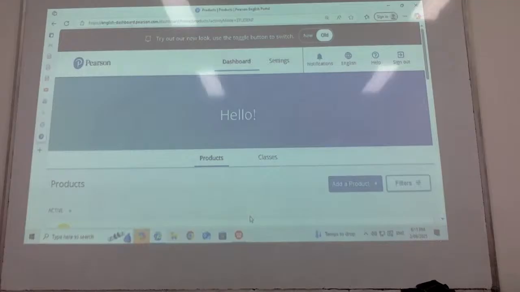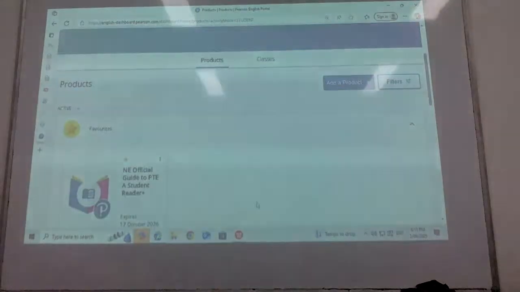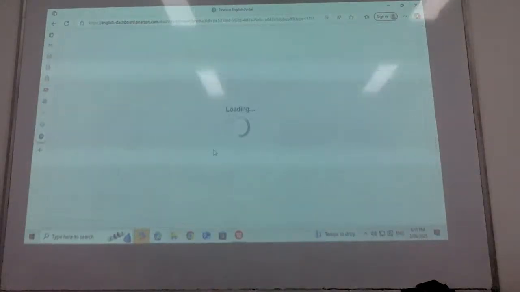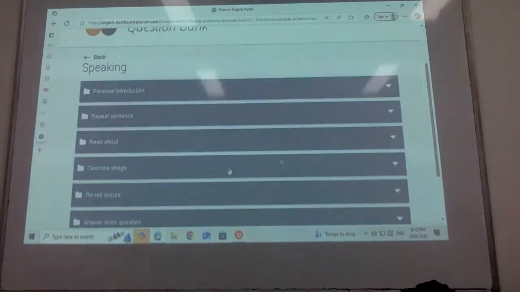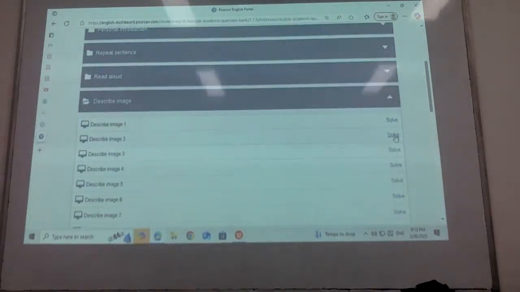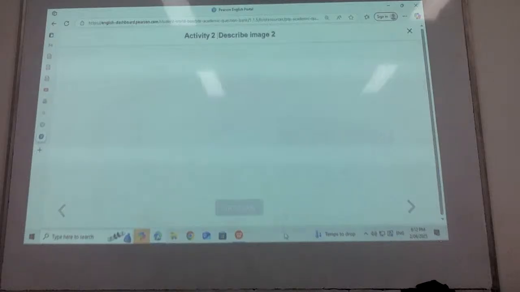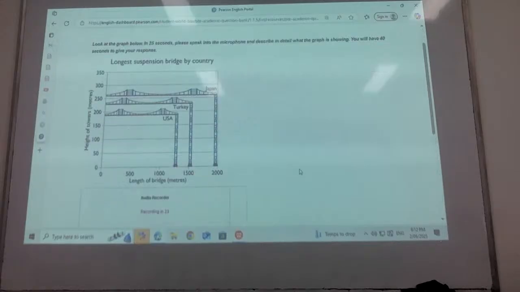This is what they're asking you to do. Okay? So if we go here, correct? We go to speaking. And we go to here, describe the image. So here you see we have longest suspension bridge by country. This is the information they are looking for.